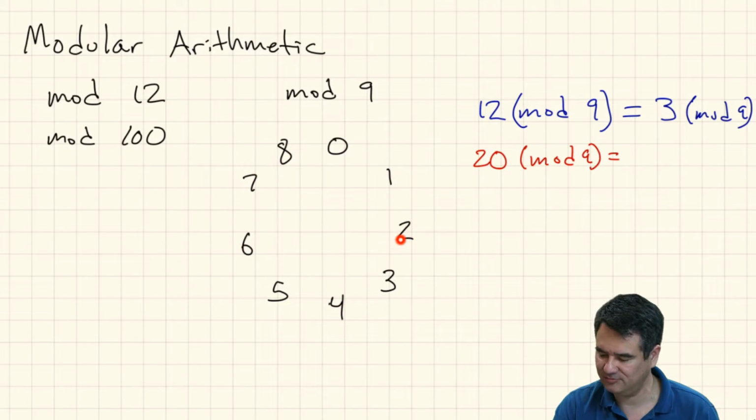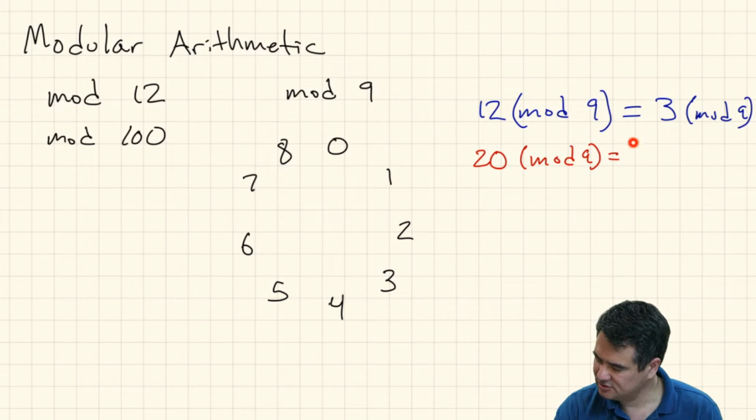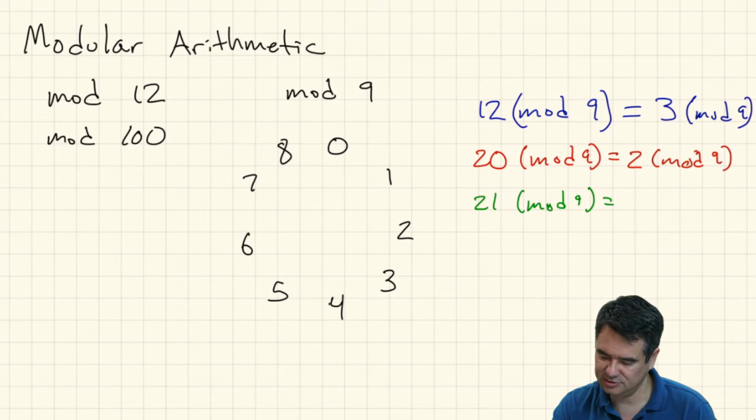There we go. So we end up on 2 mod 9. And what about 21 mod 9? Well, we know that 20 mod 9 is 2, so 21 mod 9 must be 3.